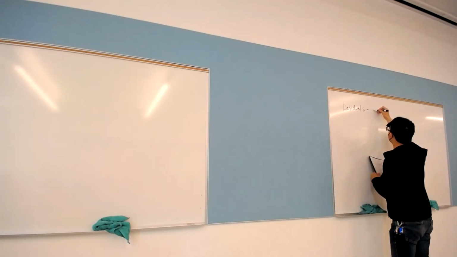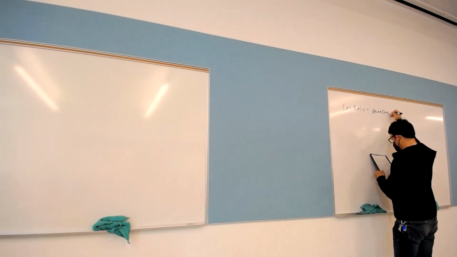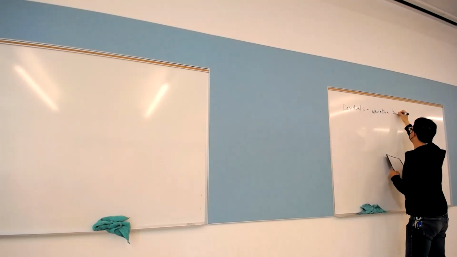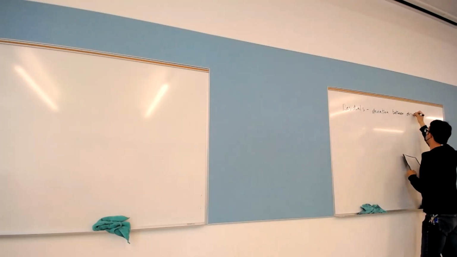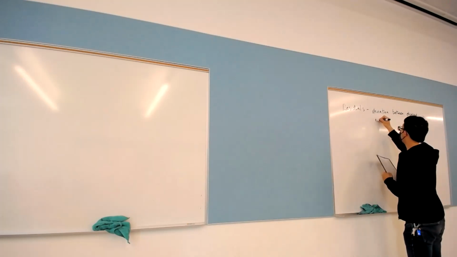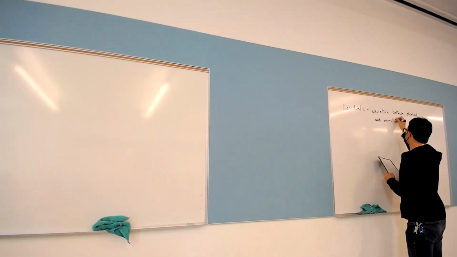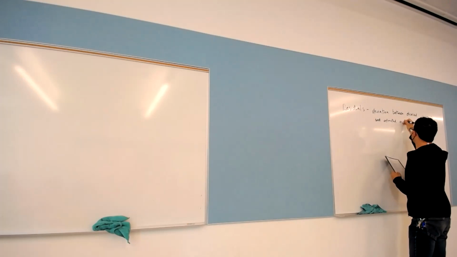So this is simply defined as the deviation between observed and estimated values.